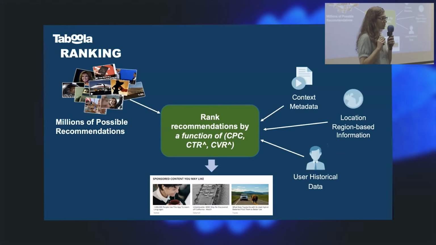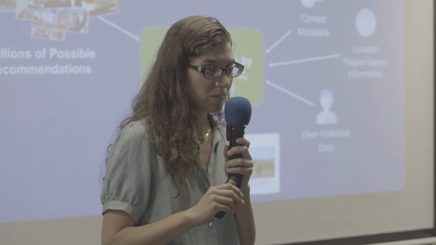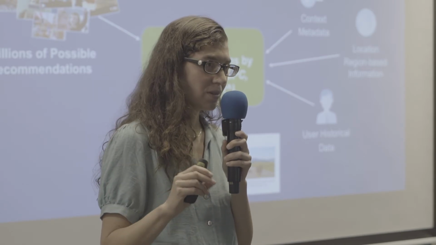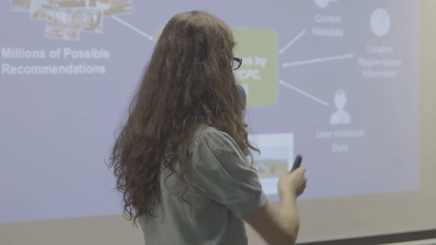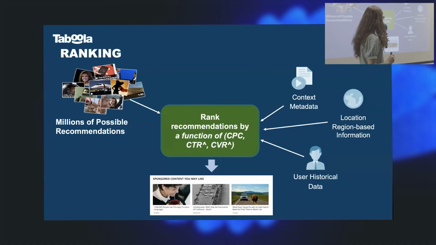This is the prediction of the chance that the user in this specific context will click on this item. So we have a very cool deep learning model that we give all these signals that I was talking about before.